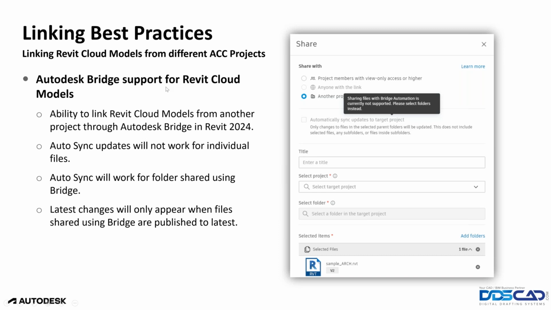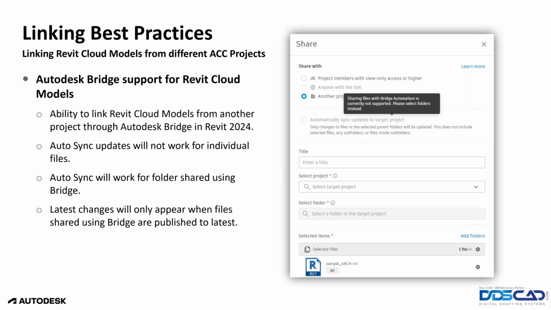Basically, what Bridge allows you to do is, let's say you are hosting your project and you have a consultant that wants to host their own models for your project. In the past, everybody had to be hosted in one hub.